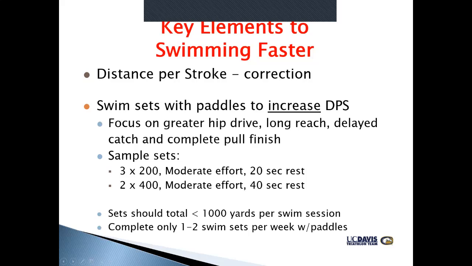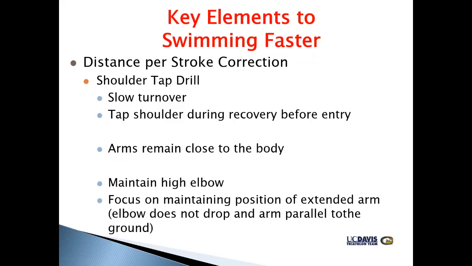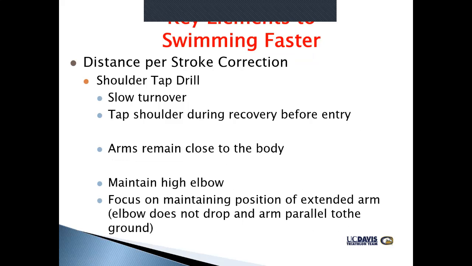But we also have a drill, a shoulder tap drill, which is a good way to change your distance per stroke. Really, you're trying to increase your distance per stroke when you do this, which means that you're decreasing the number of strokes per length. The shoulder tap drill is a very good drill for doing this because it really focuses on slow turnover.